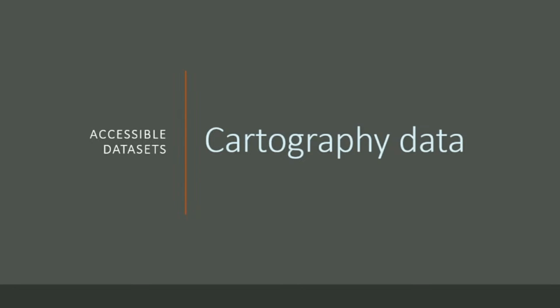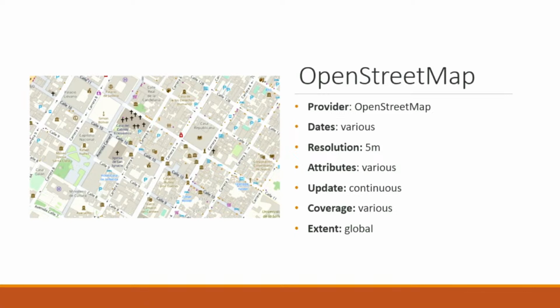So there is OpenStreetMap, which has building footprints. For us, I think it's not useful now because you don't know if it's complete, so it's difficult to leverage this information.